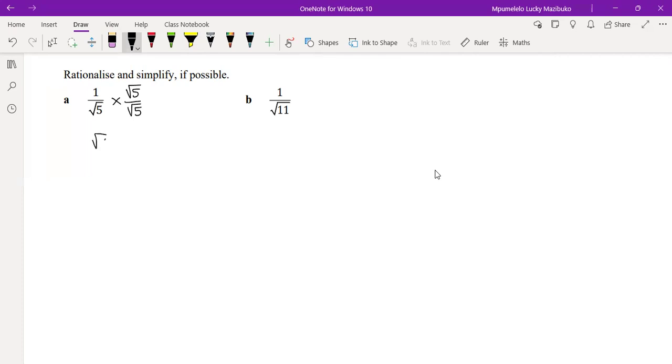The answer will be square root 5 over 5. There we go, and this is fully rationalized. We do not want the denominator being a surd. The same applies to this side: you can just multiply by square root 11 divided by square root 11, and you'll get square root 11 over 11 as your answer.